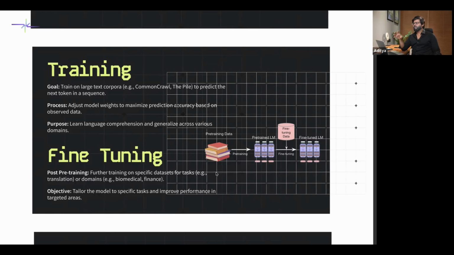Example, let's say we fine tune on biomedical papers for a medical chatbot system. Or QA pairs for a question answering bot. So what's our objective? The model is for a specific task, so we do fine tuning.